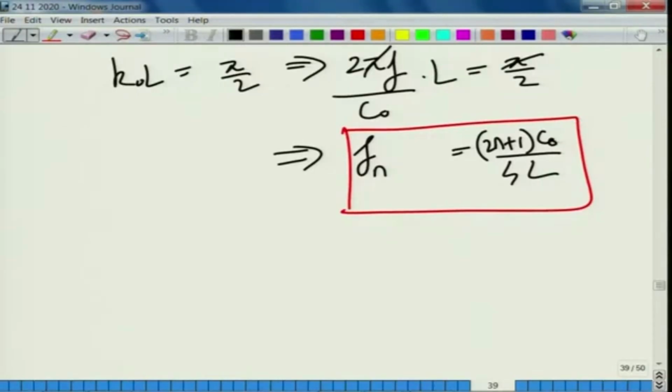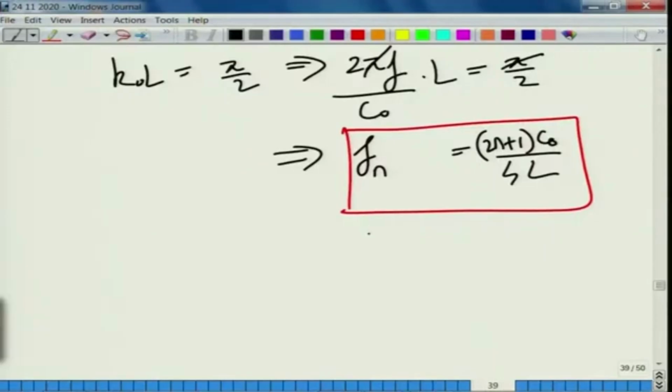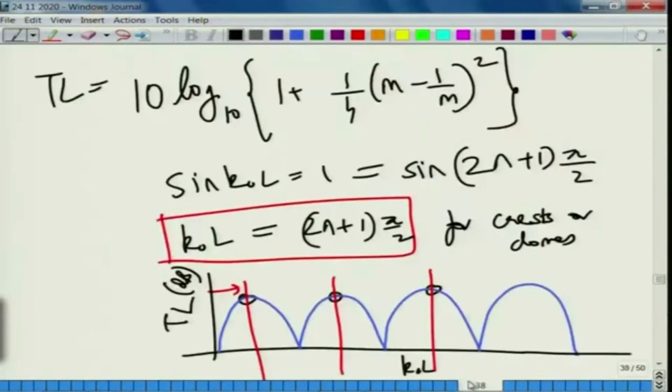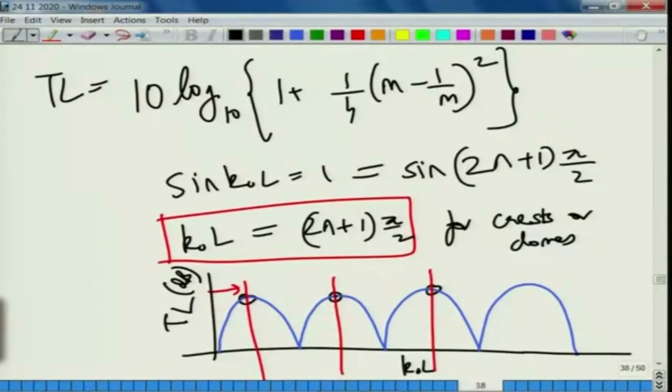That is where the first dome, that is this one, occurs. Where n is equal to 1, then F becomes 3 C naught by 4L. This will correspond to this particular frequency where we circled. Where n is equal to 2, it will be 5 C naught by 4L, so that will be this one.